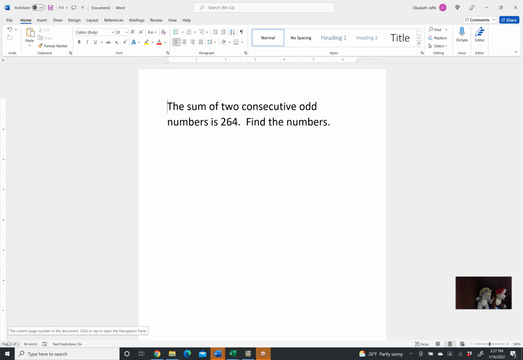So an odd number is a number that is not divisible by 2. So we can express an odd number as 2x plus 1.